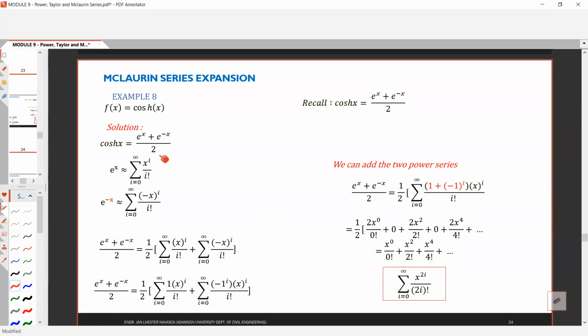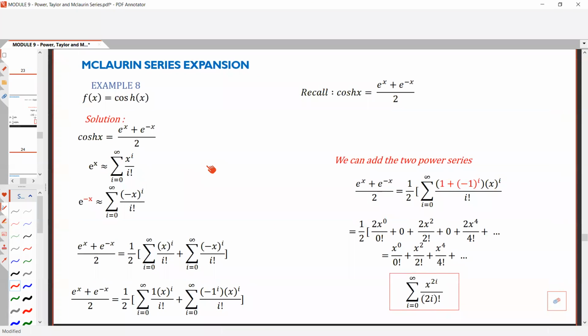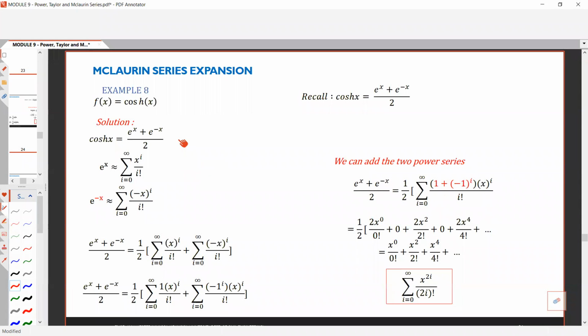Okay? So we have a problem. Let's say you have a hyperbolic cosine of x. So f of x is equal to cosh x. If you recall, the hyperbolic cosine of x is simply e raised to x plus e raised to negative x, over 2.